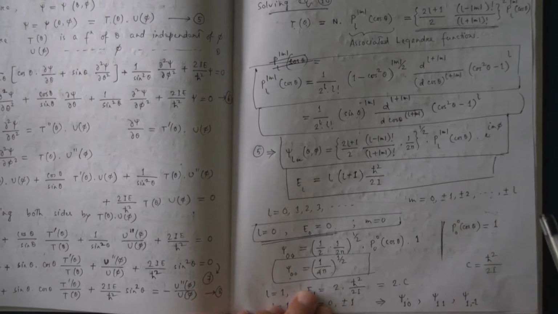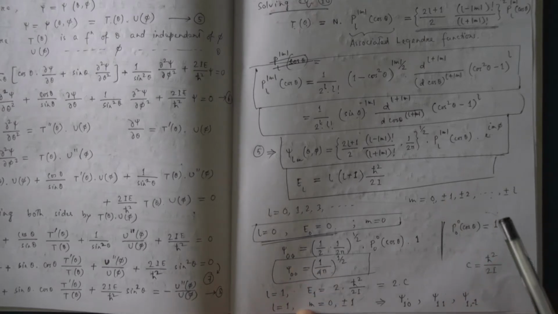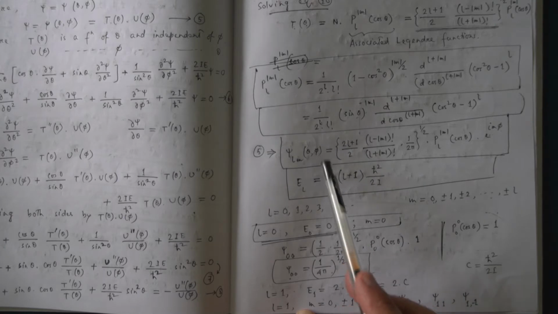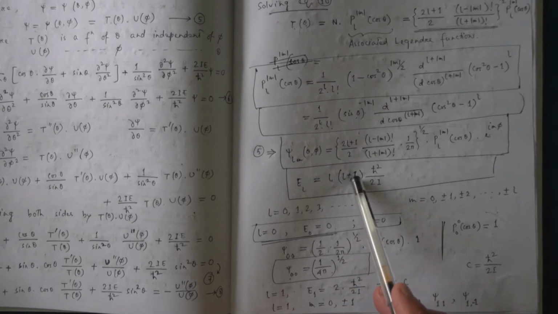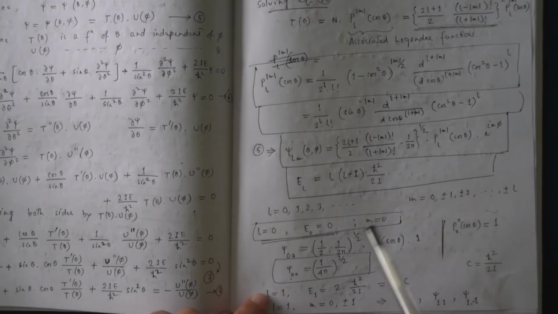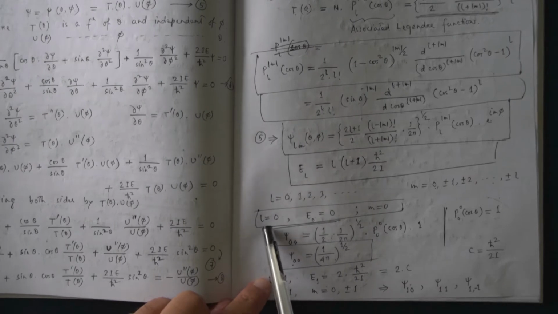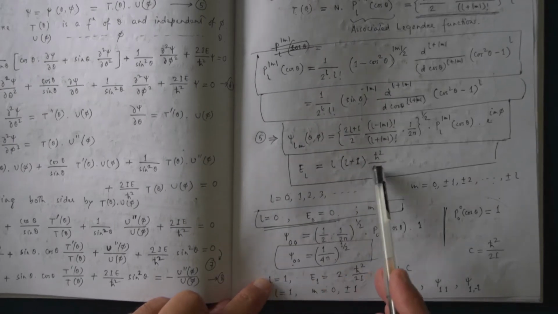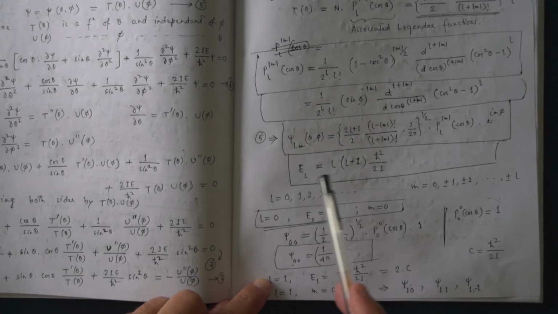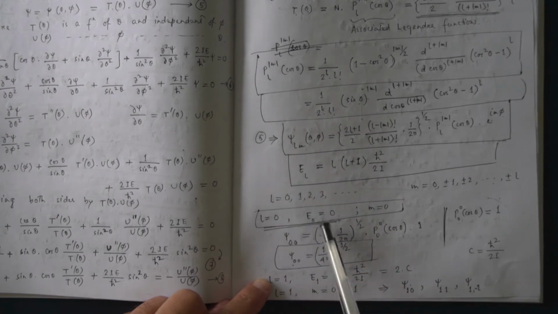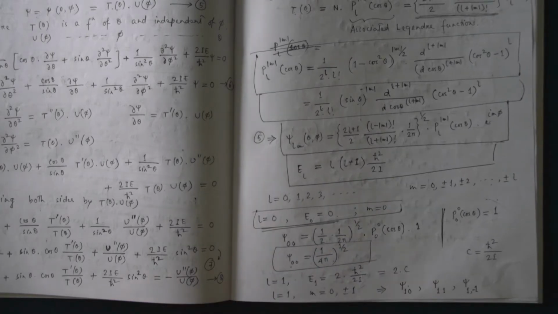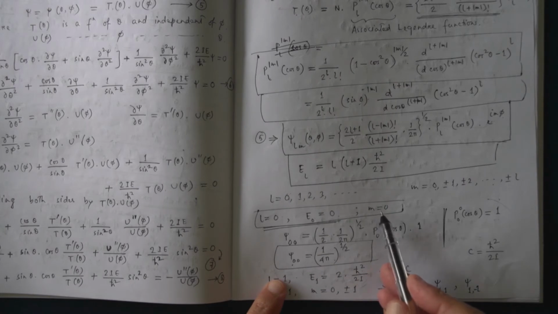Using these results, we also discussed what degeneracy is. For example, when L is 0, rotational energy is 0, and M is also 0.